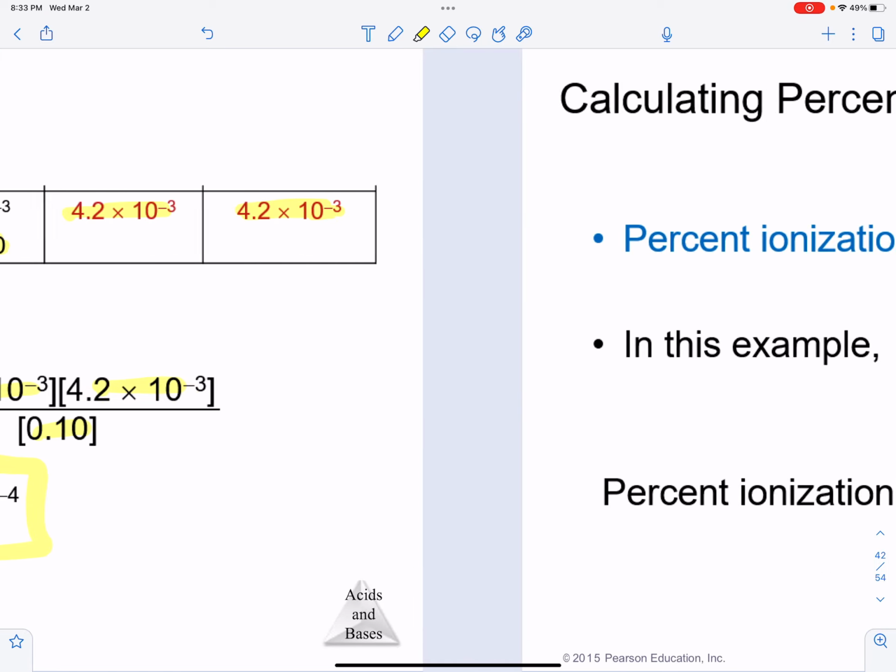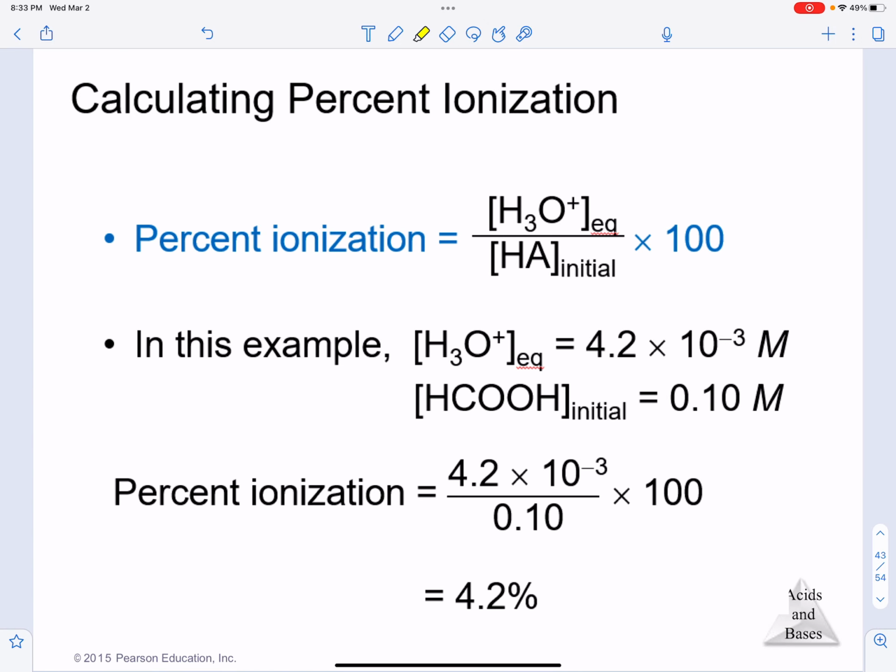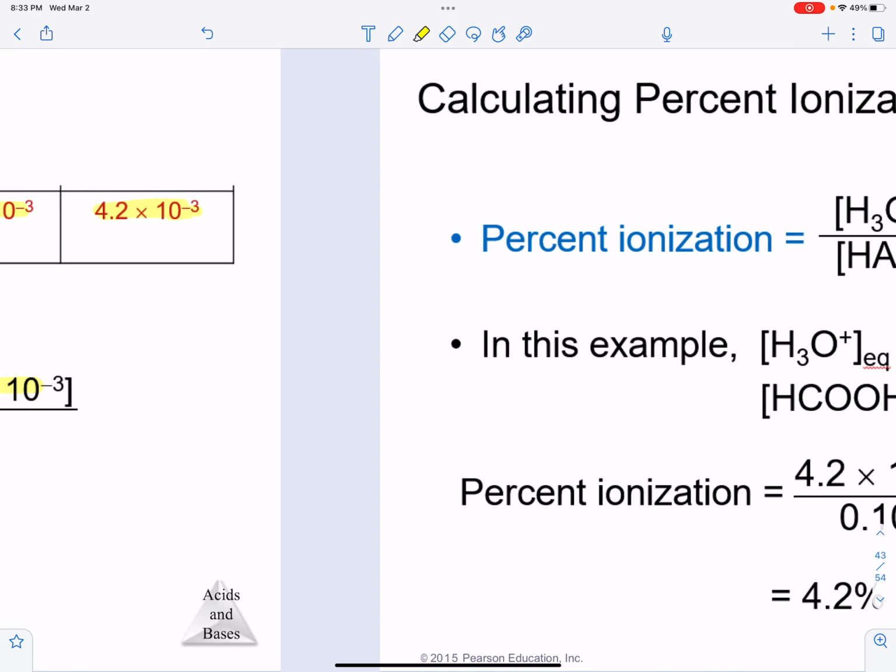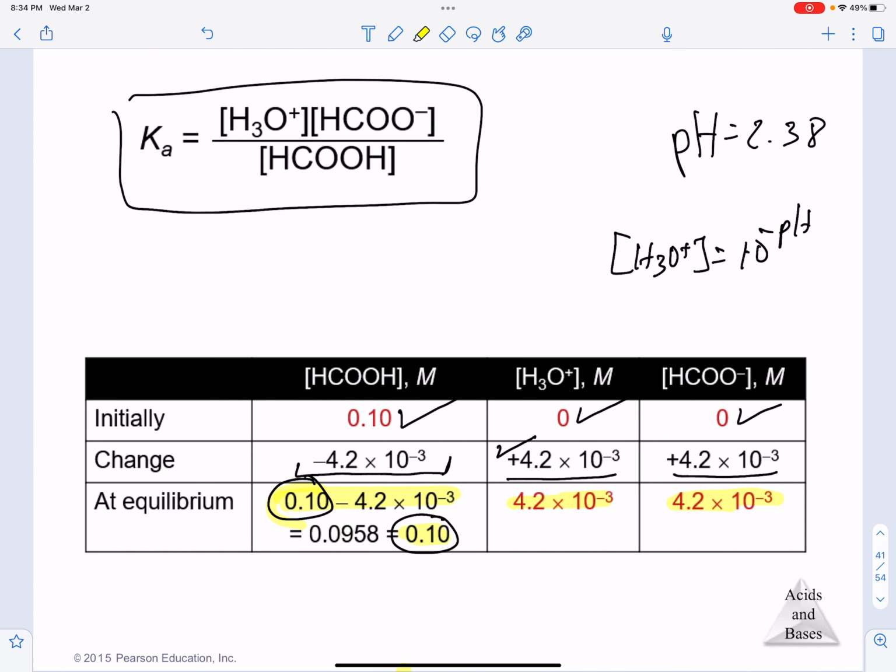Let's look at something else. You notice, this is the important part here. We took 0.10 and we took out 4.2 times 10 to the minus 3, or 0.0042.